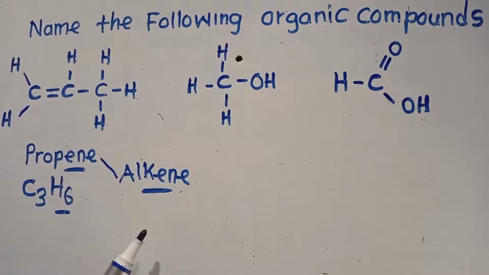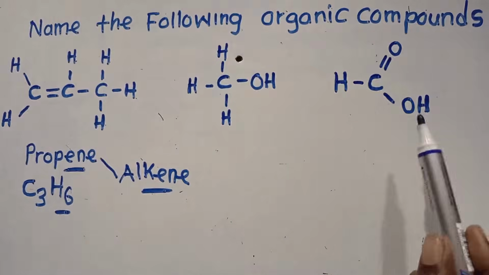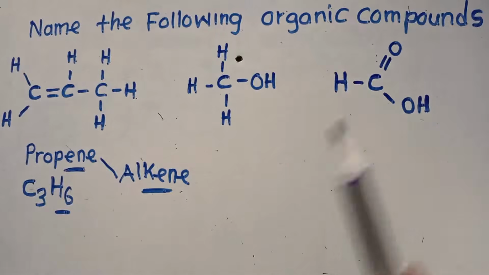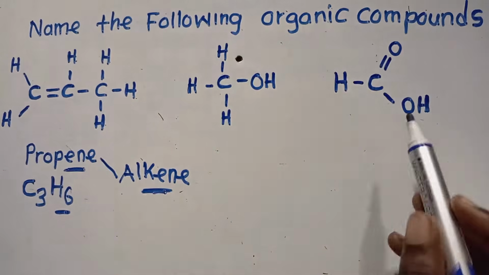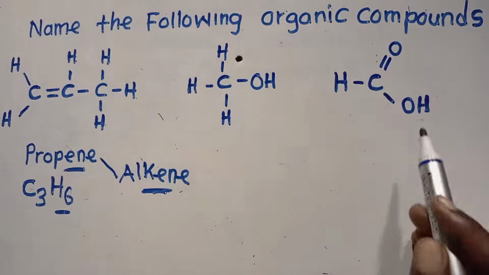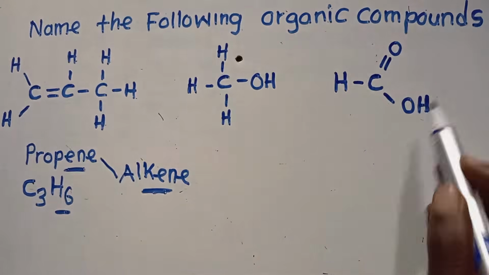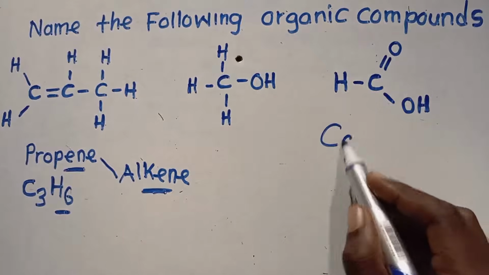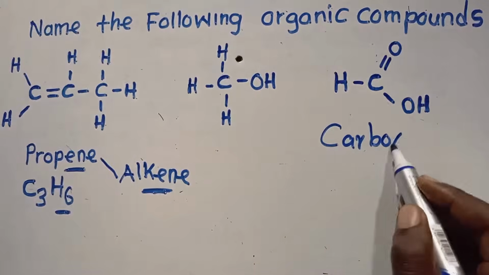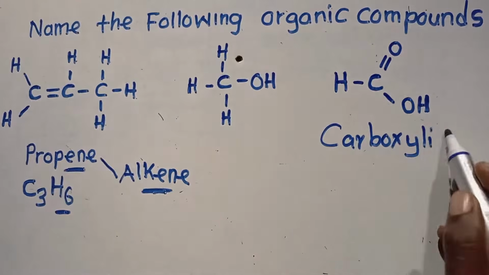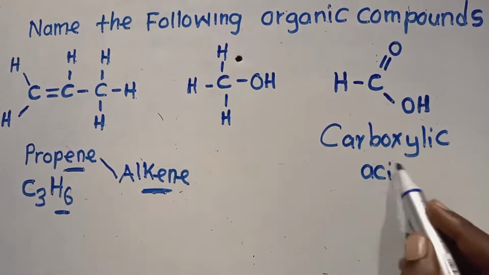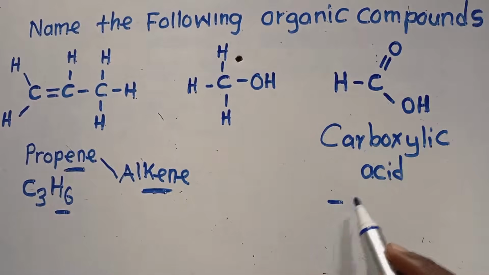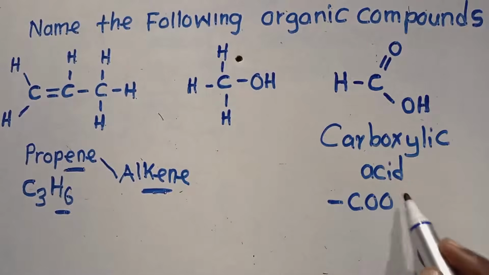You may have certain contradictions, like how come this one also has a double bond, but it is not falling under this family. This one also falls under a specific family. The family that this one belongs to is called carboxylic acids. So all carboxylic acids will have something like this: COOH.